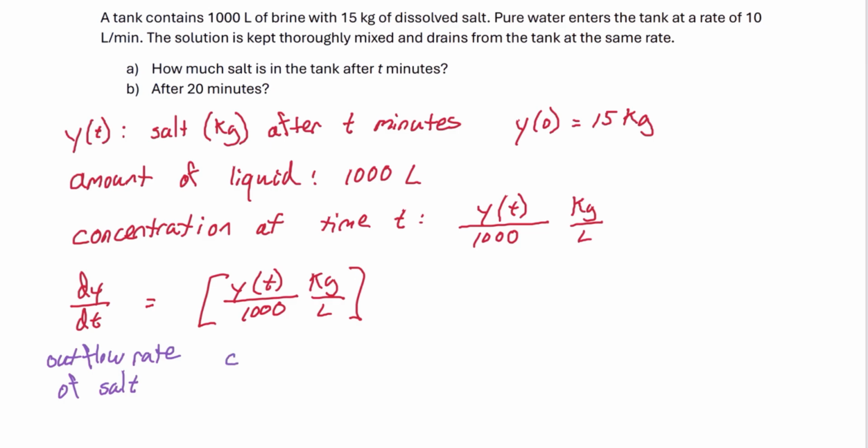That's the concentration, times the flow rate. The flow rate, we are told, is 10 liters per minute. And we know that it's decreasing in salinity, so we'll make that negative.